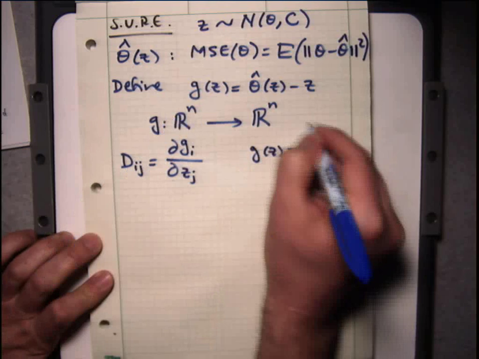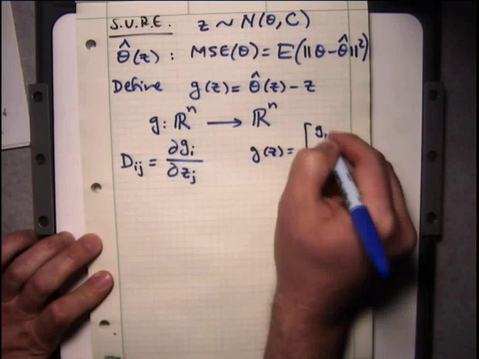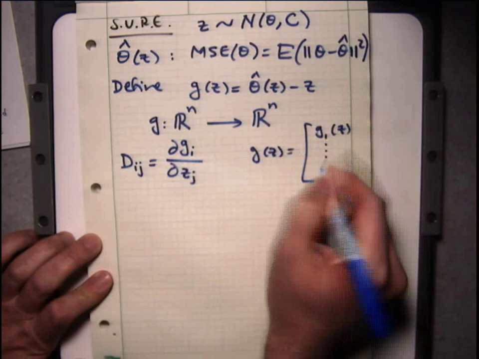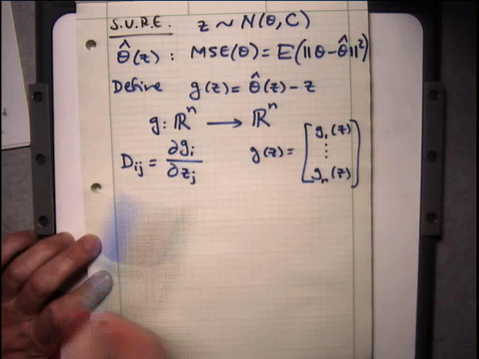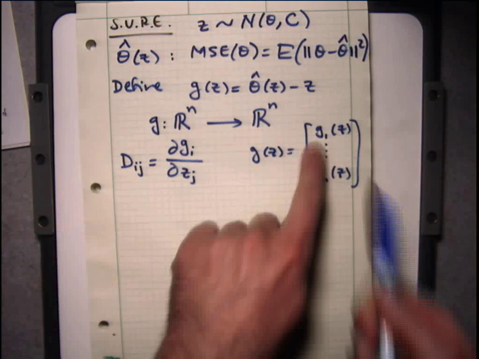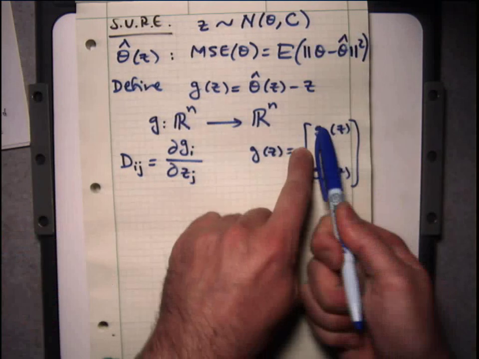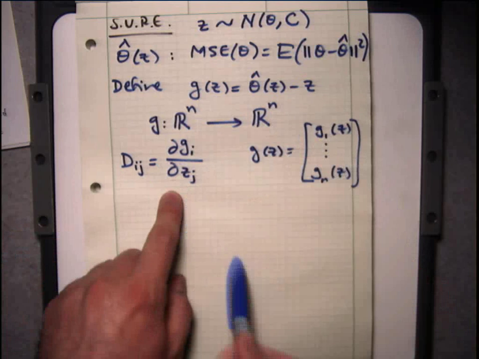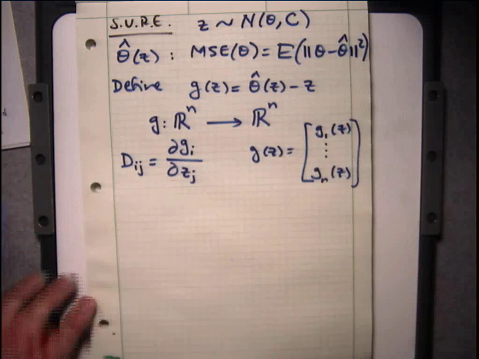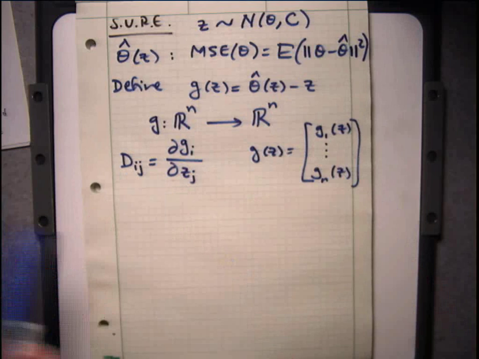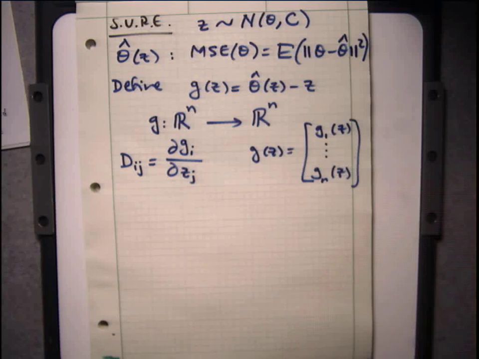G of z is g1 of z through, let's say, gn of z. So this derivative is you're differentiating each one of these functions with respect to all the pieces of z. All right? So this becomes a big matrix. This is how we compute derivatives in multiple dimensions.